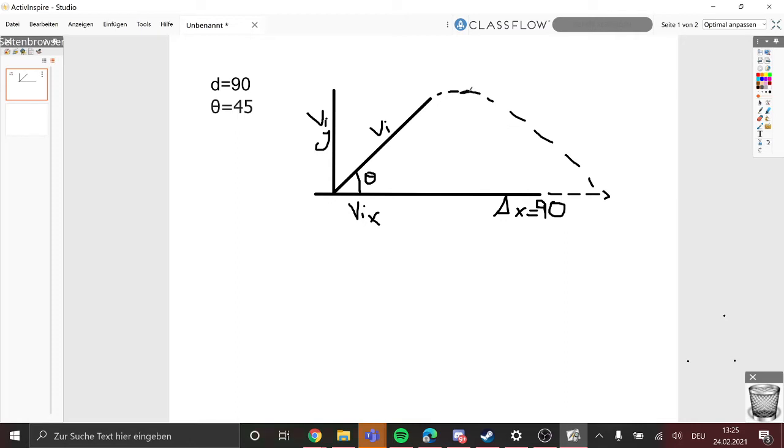There's a point at the top of the trajectory at which the final velocity of y is zero, so we can say Vfy is equal to 0. In that sense, we also know that the time the projectile has traveled at this point is t divided by 2.